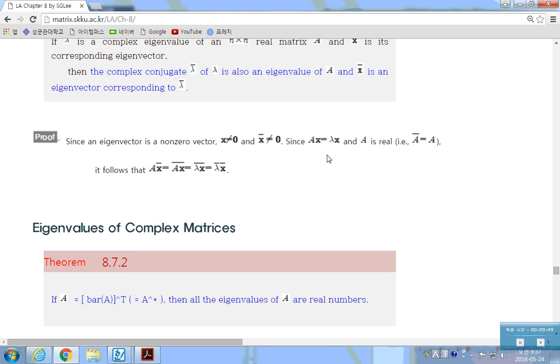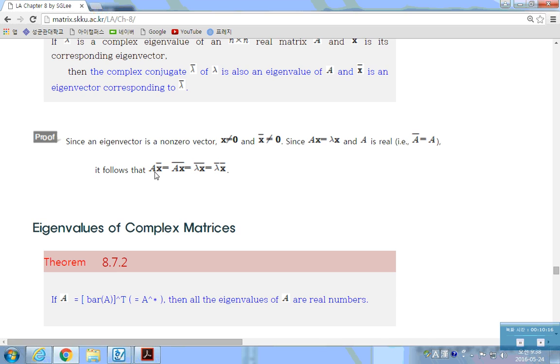If AX is equal to lambda X and X is an eigenvector, and A is real, which means it is a real matrix, then A conjugate is itself. Okay. So, let's see. A times X conjugate is equal to the conjugate of AX, isn't it? Because A is a real matrix. So AX is equal to lambda X. So take a conjugate of both sides. We can split it like this.